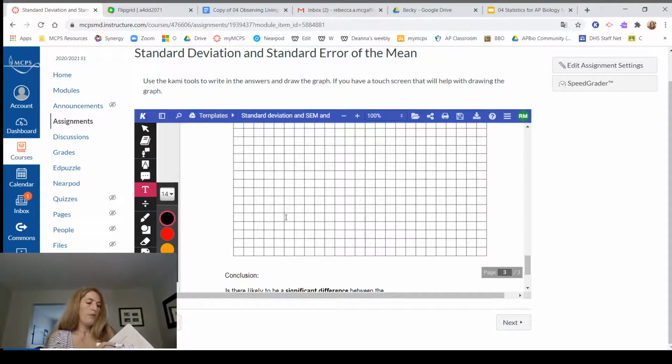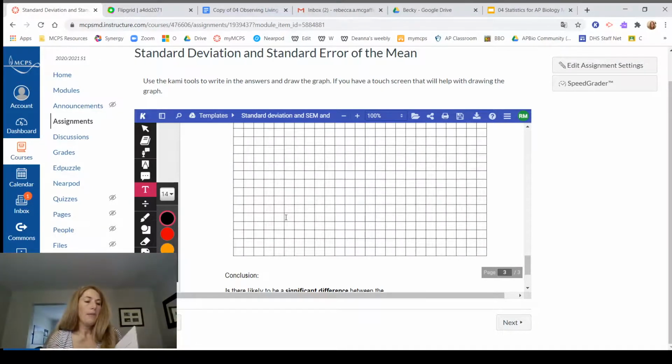And this value right here, the values there are the means, so whatever the average is. And then I'm going to put my error bars. That's my standard error of the mean. I'm going to go up times 2 and down times 2. So whatever my standard error of the mean, I'm going to multiply times 2 and add it to the average. And that's the height of this bar, and subtract it from the average, and that's there. And then I'm going to do it on the other one. Add it and subtract it.